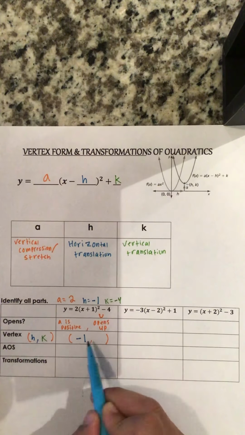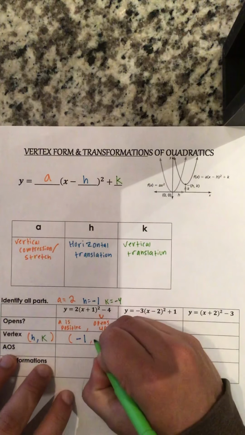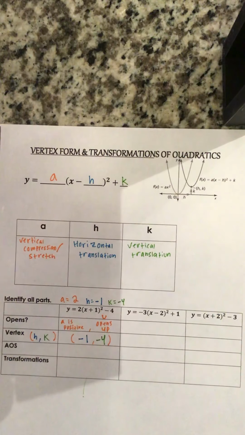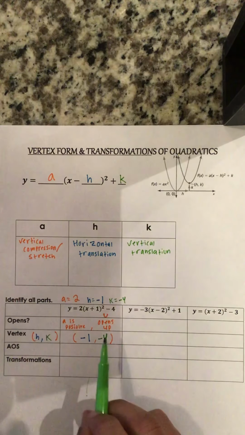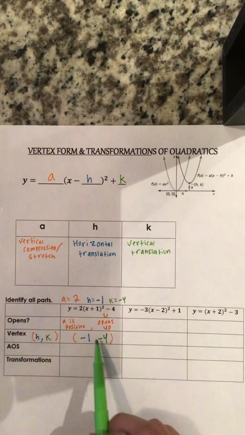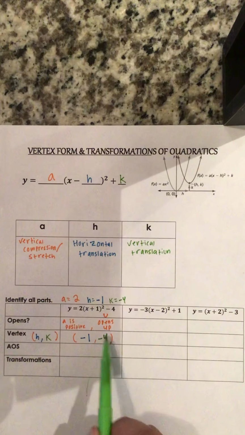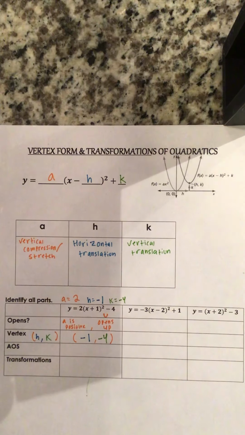So instead of K, I'm going to put -4 here, okay? And that's my vertex. That's it. I'm done with the vertex, okay? That's all you have to do. Now again, you can use the Desmos calculator and it'll tell you the same thing. This is the vertex. It's H, comma, K, okay? And that's it. Vertex is done.